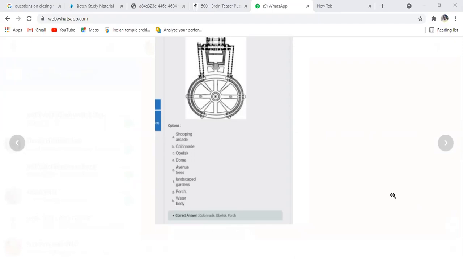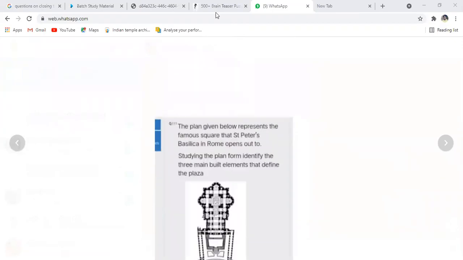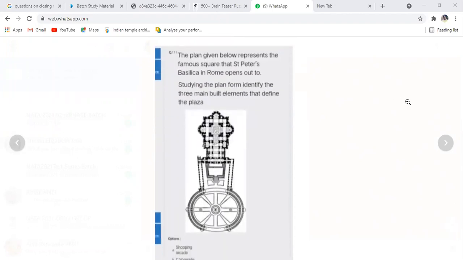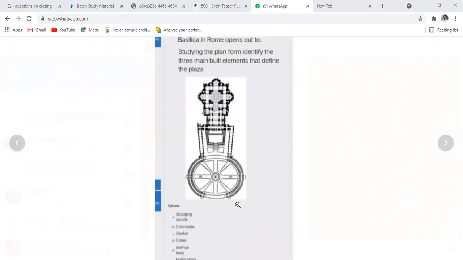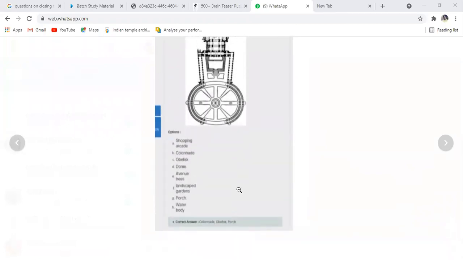Okay, so correct. Fine. Now they are looking at the correct answers.